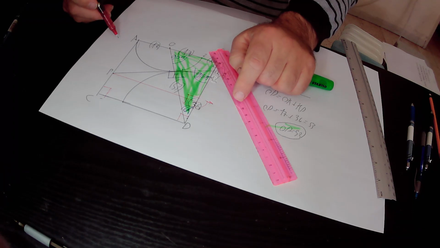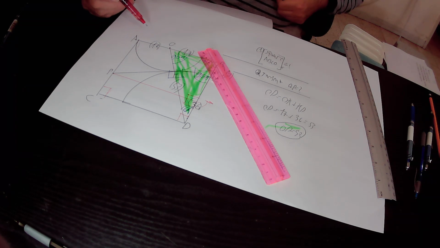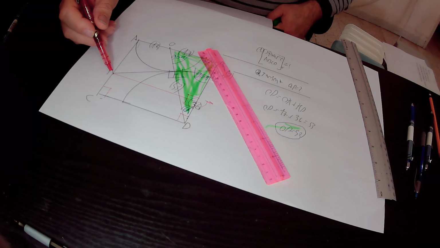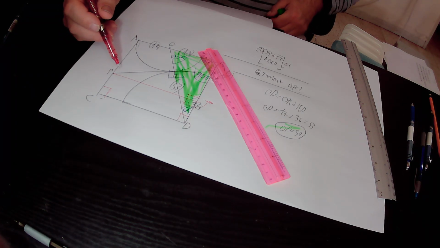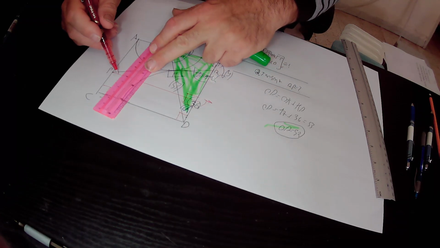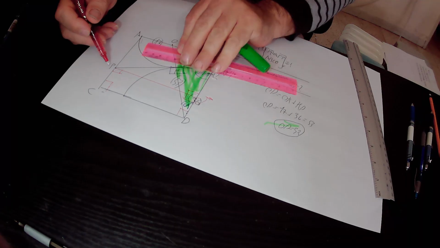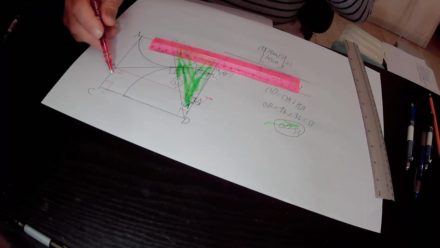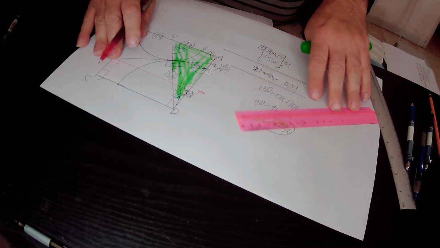So in total inside the small quadrilateral PTDK we have 1, 2, 3 right angles. The sum of 3 right angles is 270 degrees, so 270 degrees plus the size of this fourth angle, the total must be equal to 360 degrees according to the rule that says that the sum of the angles in any quadrilateral is equal to 360 degrees, and therefore this fourth angle must be equal to 90 degrees in size. So inside the small quadrilateral PTDK we have 4 right angles. Therefore, quadrilateral PTDK is a rectangle.